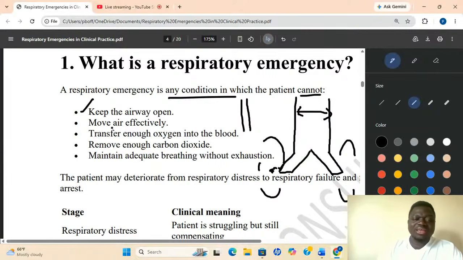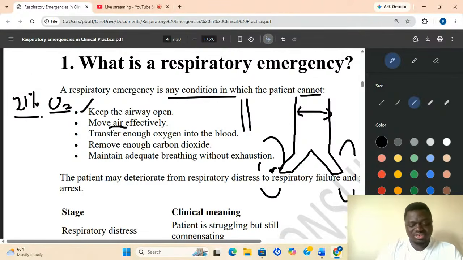I'm using the word air because what we breathe is air. 21% of air is what? Oxygen. So you breathe all these gases, the inert gases, helium and all those stuff. You breathe it through the atmosphere.